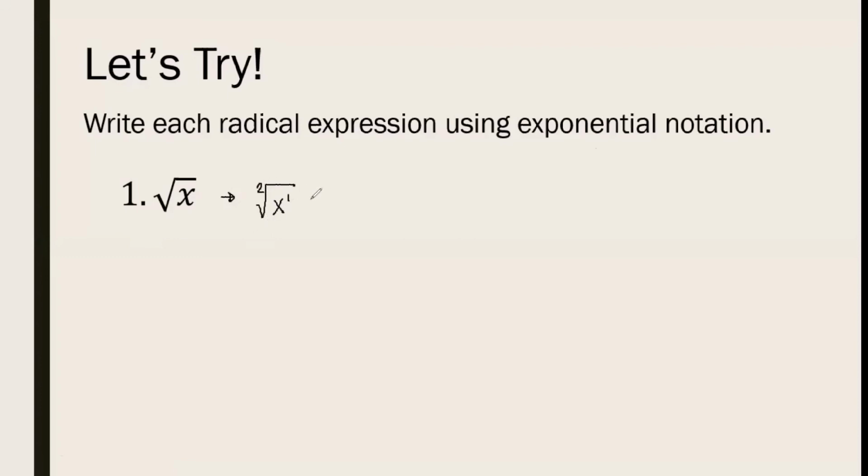So when we rewrite this radical expression into a rational exponent, this will result into x raised to 1 over 2. 2 is the denominator of the rational exponent, and 1 is the numerator of the rational exponent.